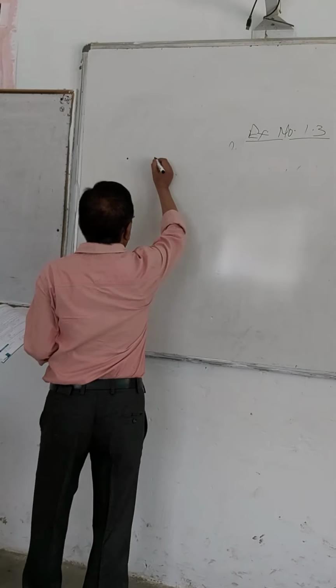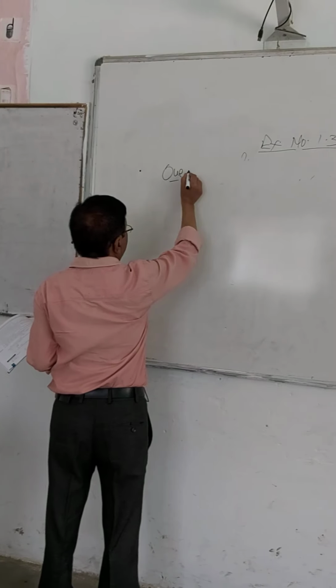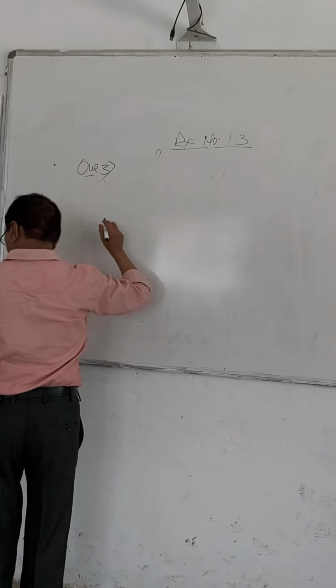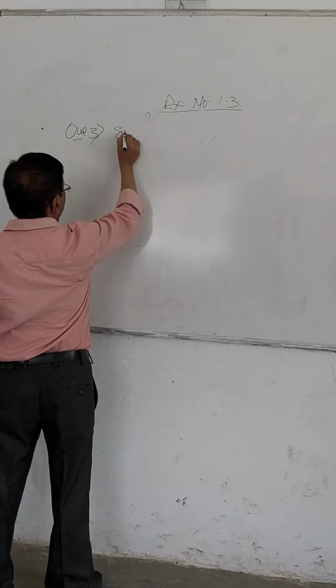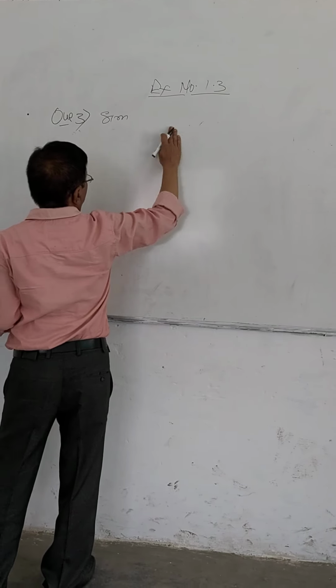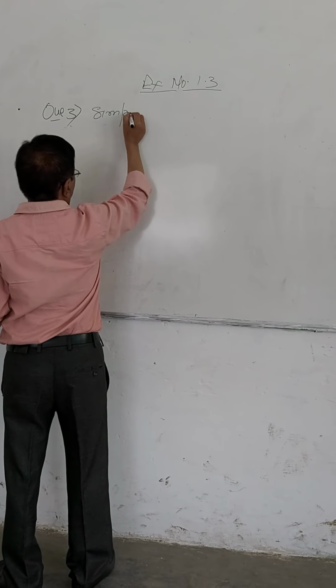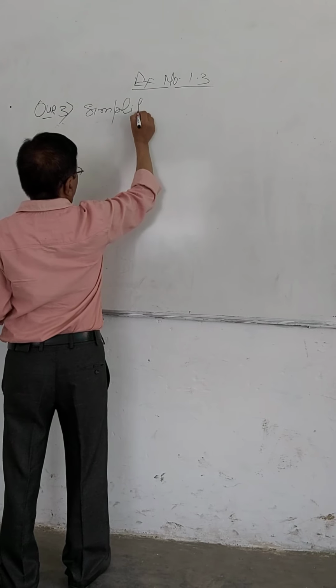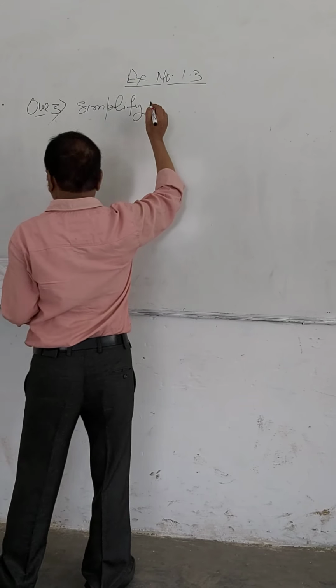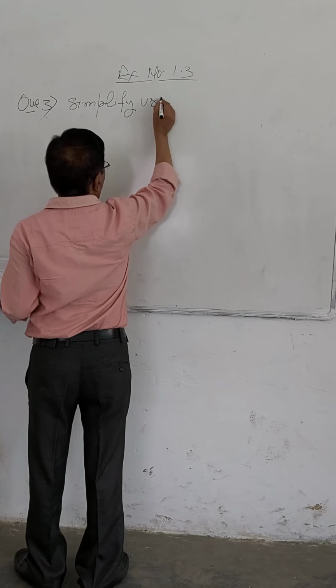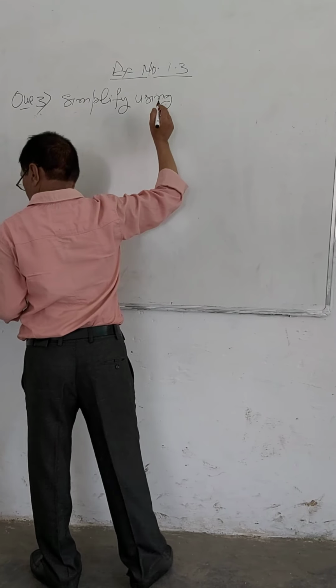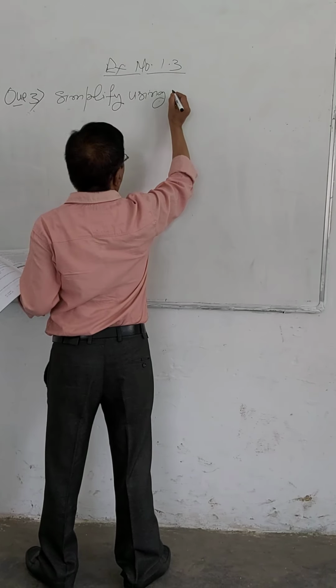Simplify. Question number 3. Simplify using properties of multiplication.